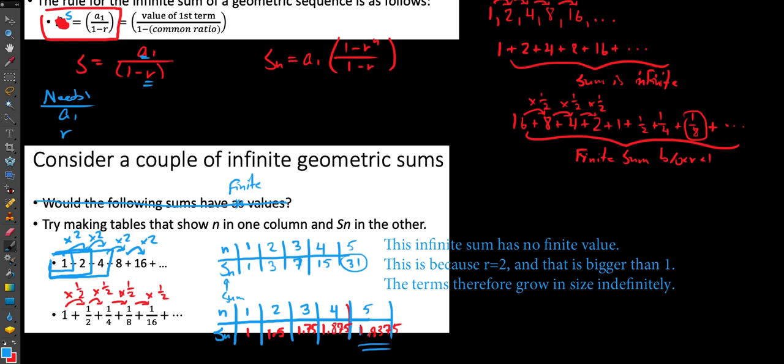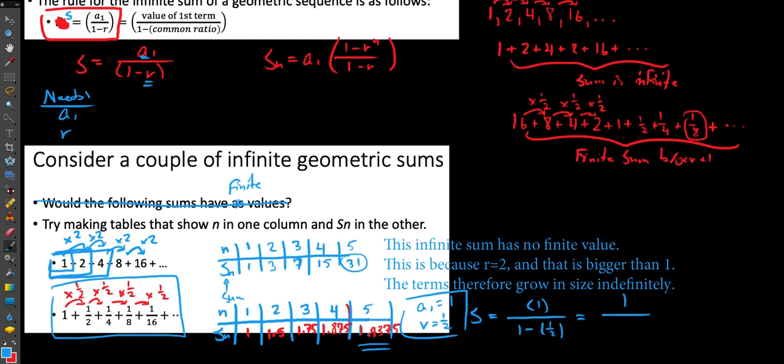So here's what we're going to do here. We are going to find the value of the sum of the first infinitely many terms here. And so for letter B, or this second bullet point, we're going to write S. In this case, we're going to need 2 things here. We need A1, which is 1, and we need R, which in this case is a half. Now I'm going to box these so we can see them, but we get the value of A1, which is 1, over 1 minus R, and I'm going to treat the denominator as exact values so that I don't get a decimal here.